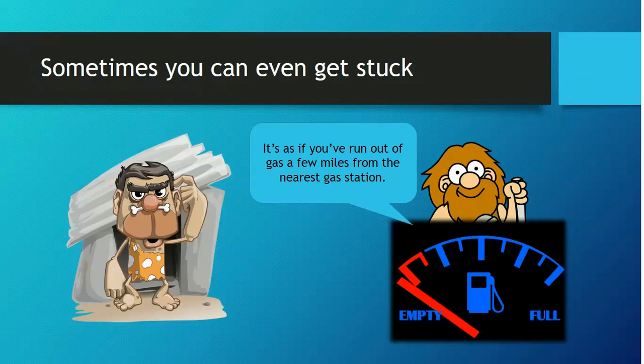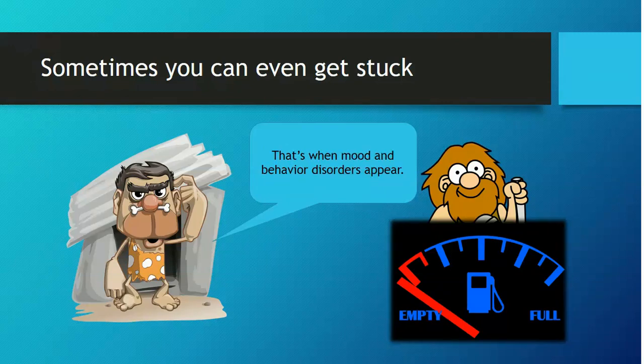It's a bit like you've run out of gas a few miles from the nearest gas station. What does it mean? Then it's when mood and behavior disorders appear, different problems like sleep problems or depression or anxiety or oppositional disorder and so on. Okay.